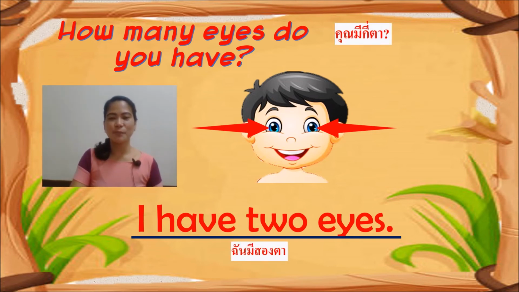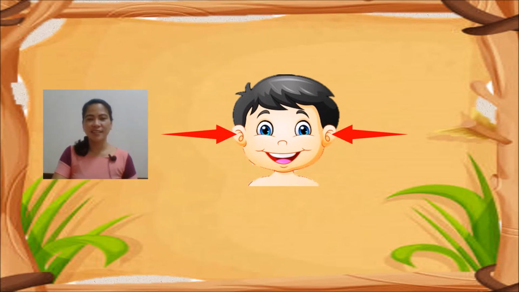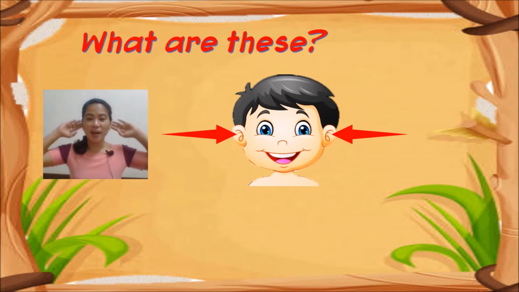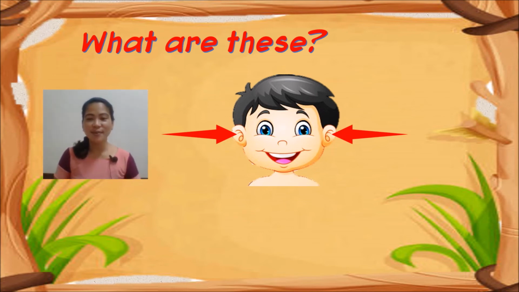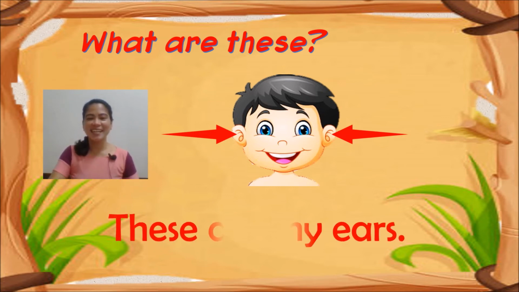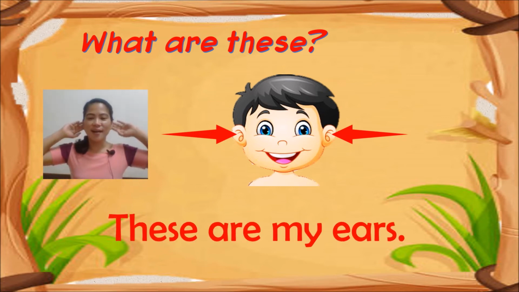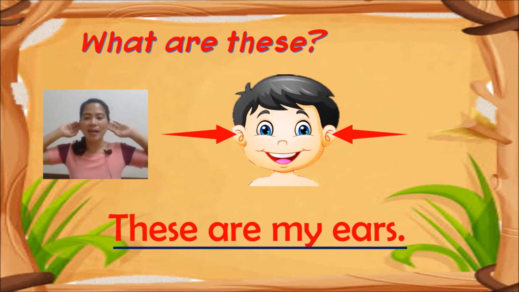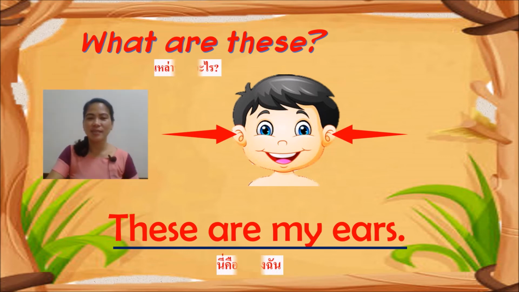Okay, so let's proceed to the next part. What are these? As indicated by the arrows? Yes. So let's say it. These are my ears. One more time. These are my ears. And the translation.